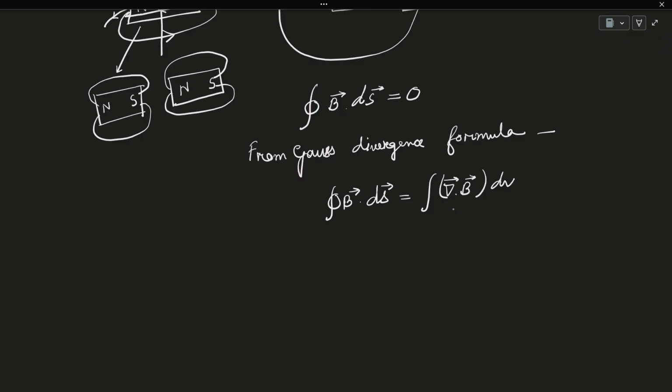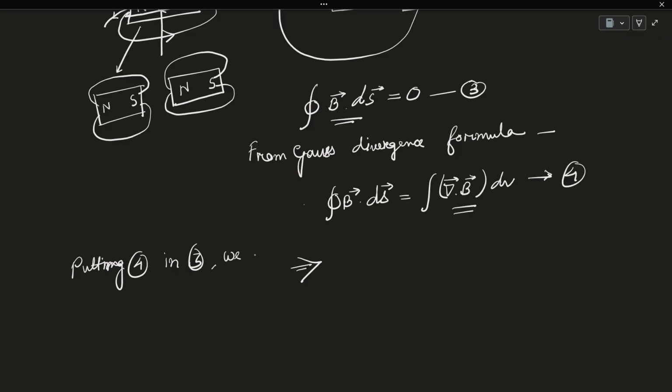Okay, so if we put this here, let's say this is equation 3, and this is equation 4. Putting 4 in 3, we get the integral of divergence of B dV equals 0.